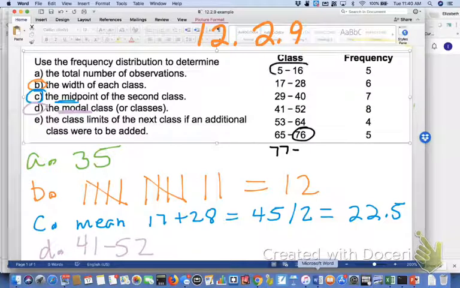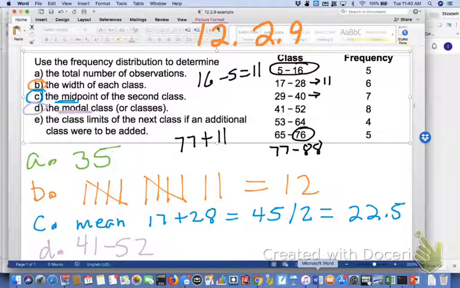So from here, of course, you do 16 minus 5, and you know that the class is 11 bigger. So we're going to do 77 plus 11, and that tells you that the highest number in this class will be 88, because 77 plus 11 is 88. If you subtract in between each of these, you'll see that you'll get a difference of 11.